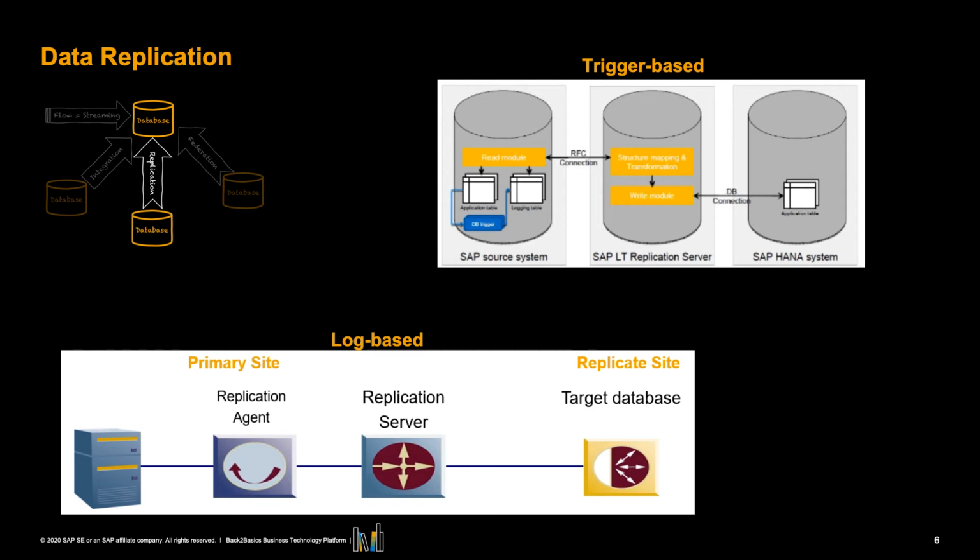Data replication, on the other hand, along with change data capture and associated techniques, is essentially about copying data without any need for transformation. The replication mechanism assumes that the schema between the source and the target tables is coherent. There are two main families of replication systems: trigger-based and log-based.